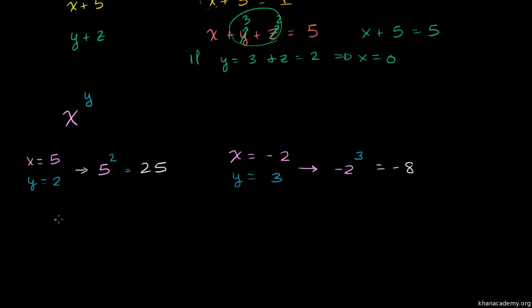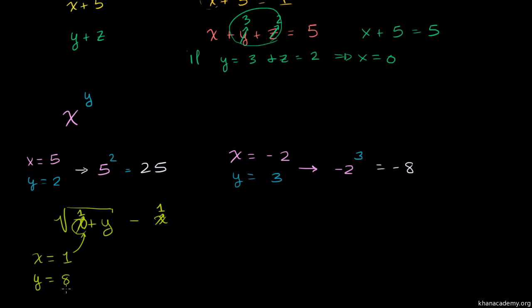We could do even more complex things. We could have an expression like the square root of x plus y, and then minus x. Let's say that x is equal to 1 and y is equal to 8. Then this expression would evaluate to, well, every time we see an x, we want to put a 1 there. So we would have a 1 under the radical and a 1 over there.